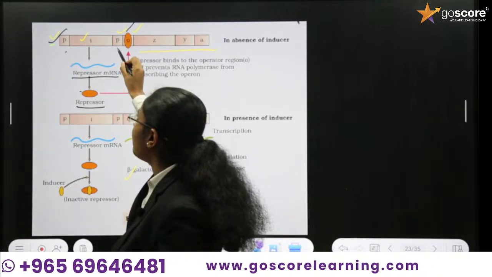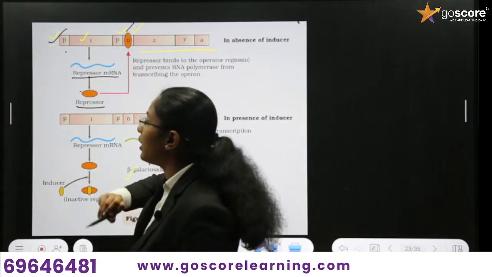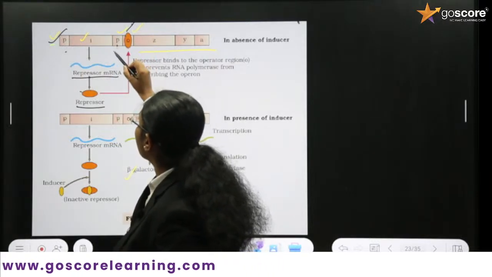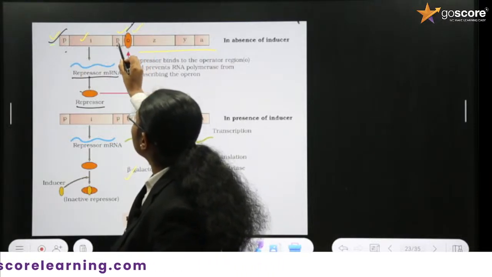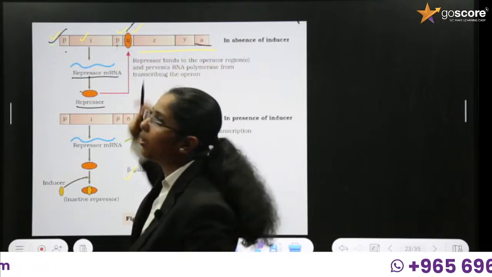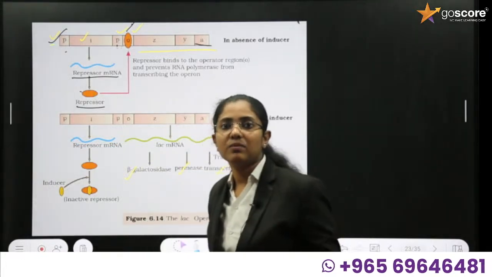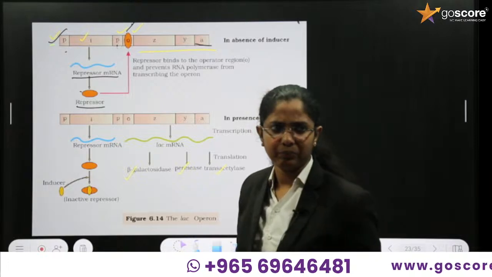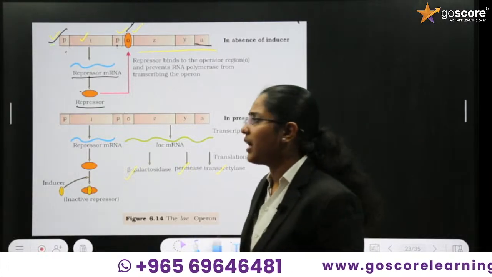Here you can find the promoter region, right? When the polymerase enzyme comes and binds to the promoter region, the polymerase enzyme cannot move further. Why? It is blocked. The operator region is blocked with the repressor molecule. Got it?